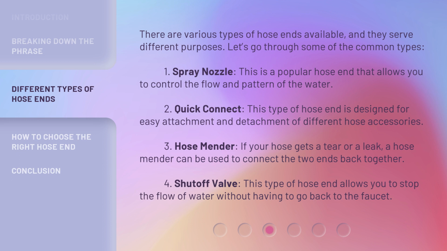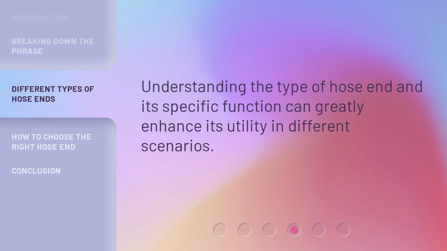Hose mender. If your hose gets a tear or a leak, a hose mender can be used to connect the two ends back together. 4. Shutoff valve. This type of hose end allows you to stop the flow of water without having to go back to the faucet. Understanding the type of hose end and its specific function can greatly enhance its utility in different scenarios.